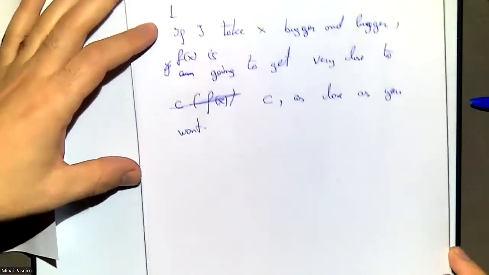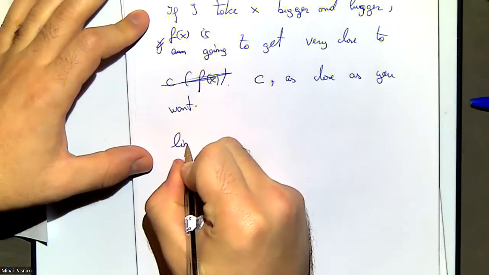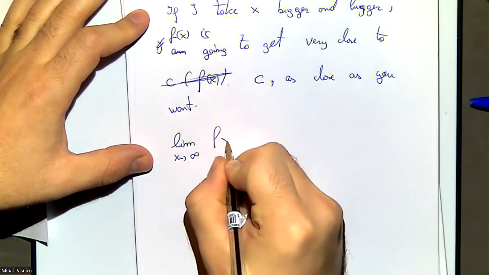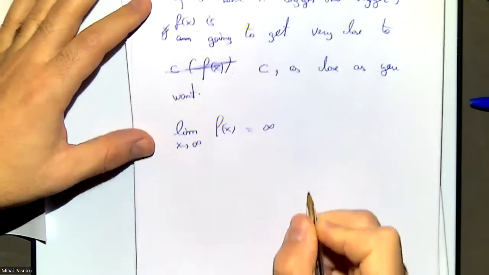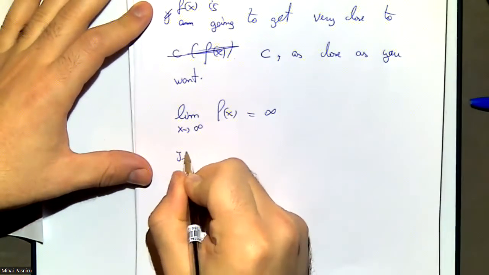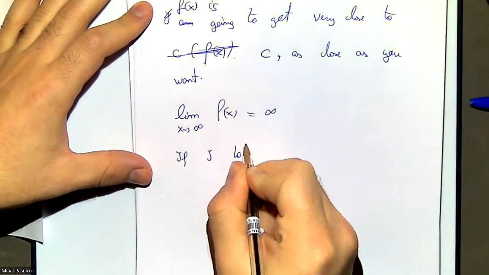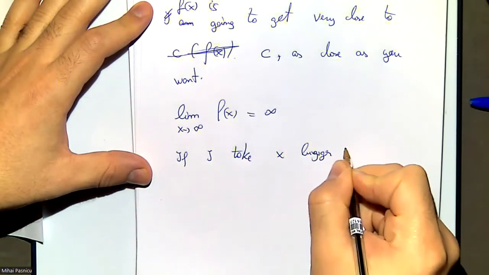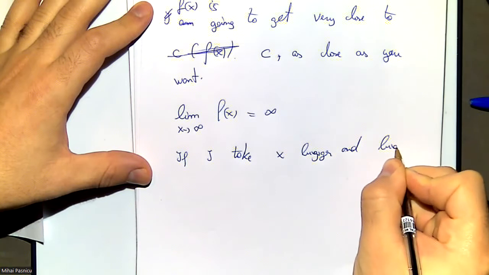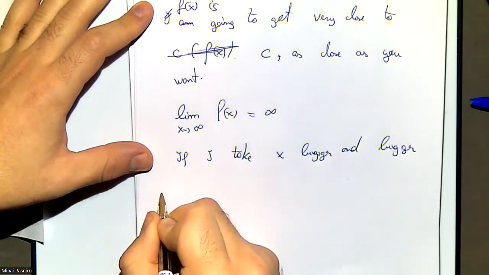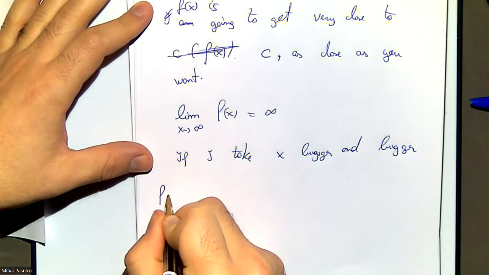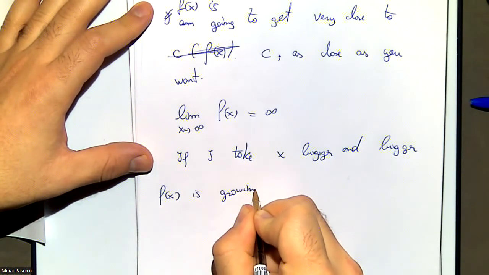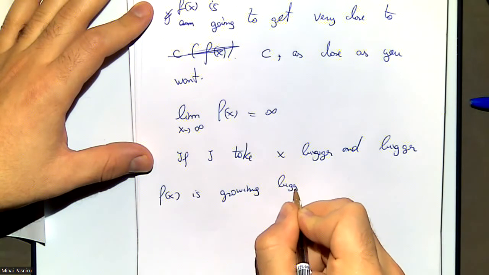Now, when you have the limit of x going to infinity of f of x equal to infinity, it just means, again the same thing: if I take x bigger and bigger, f of x is growing bigger and bigger.